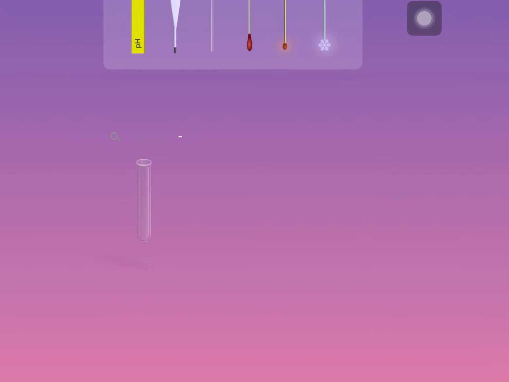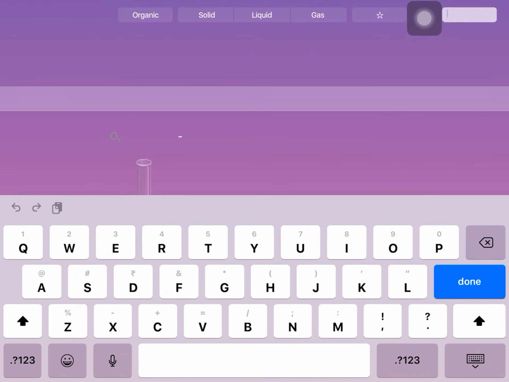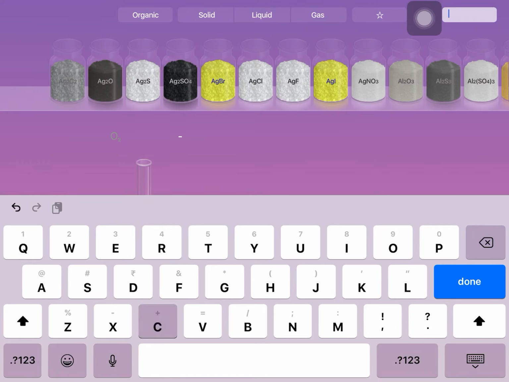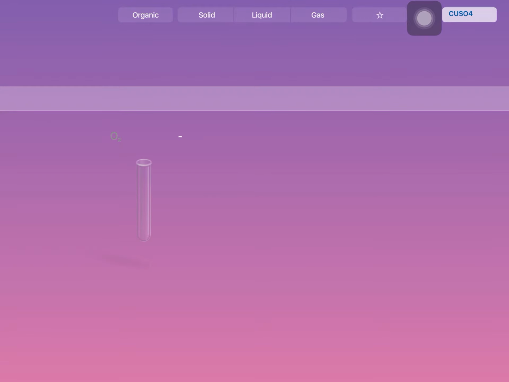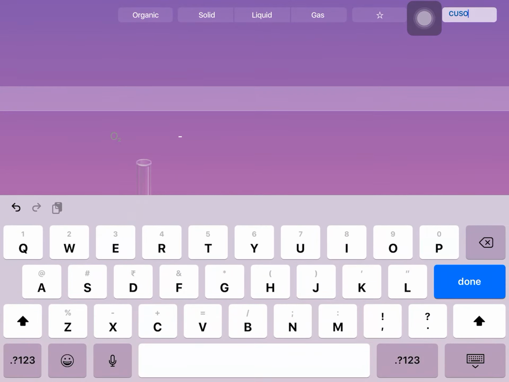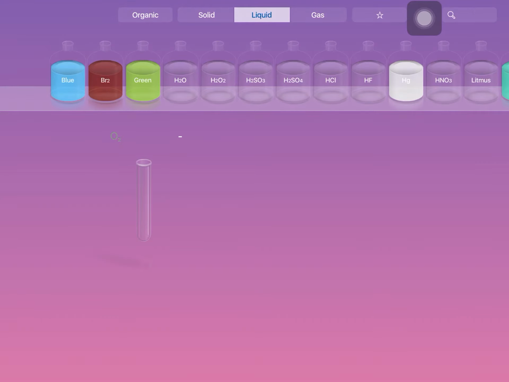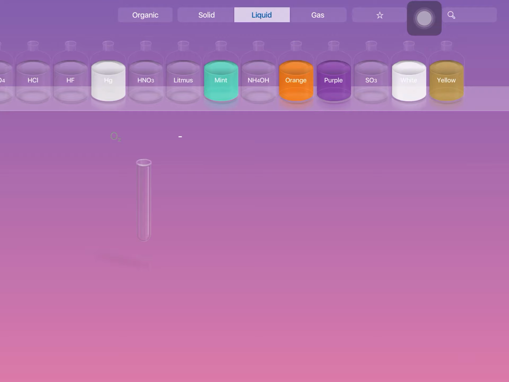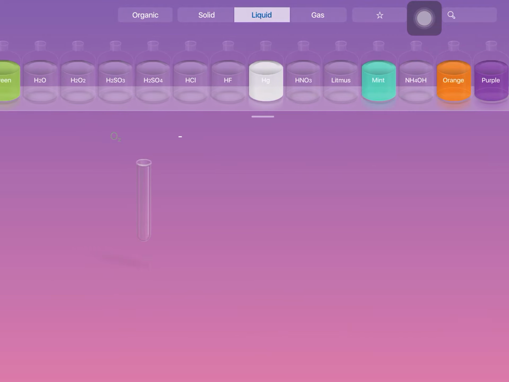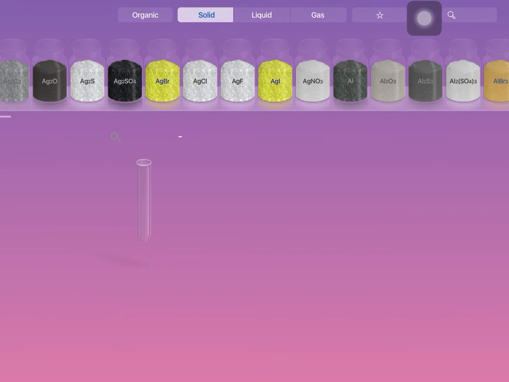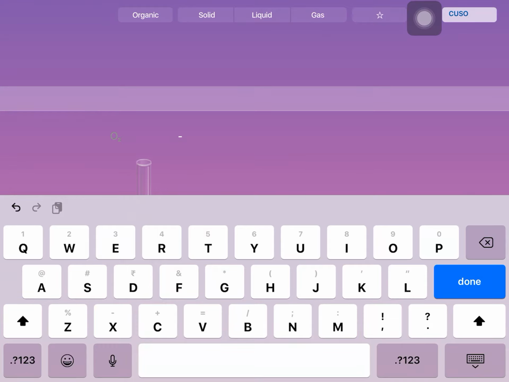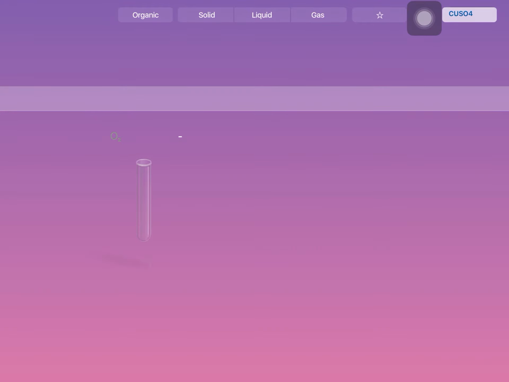We'll take the copper sulfate here. We can write Cu, CuSO4, for copper sulfate solution. Liquid copper sulfate. Copper sulfate solution is taken here.